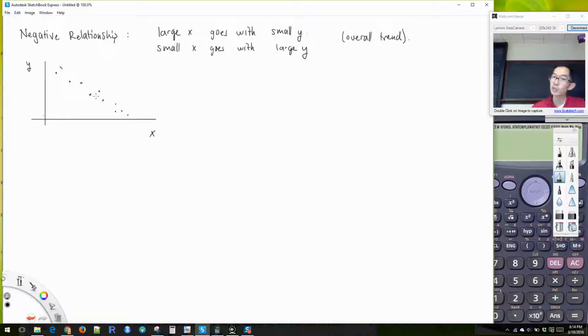We're not talking about slope. We're just talking about what is called the direction.